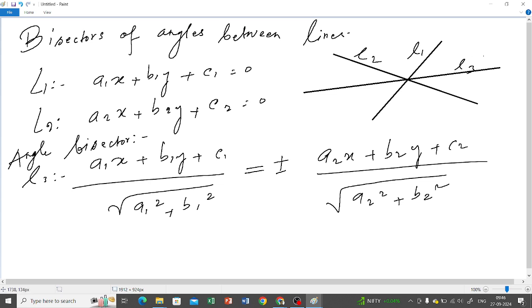So this is one angle bisector and this is another angle bisector, right? I mean, every two lines will have two angle bisectors, right? One is this acute angle bisector and the other is this obtuse angle bisector.